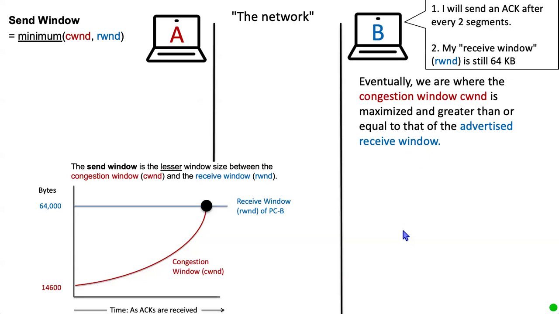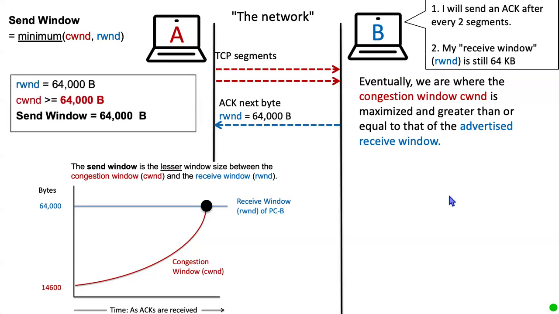So eventually we get to where the congestion window is maximized and greater than or equal to the receive window. So now our send window is maximized at 64,000 bytes.